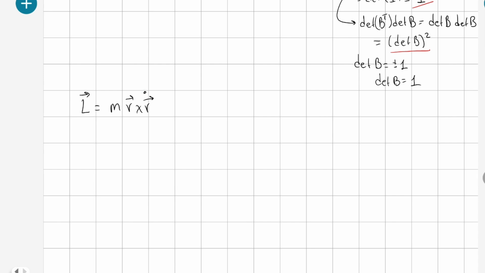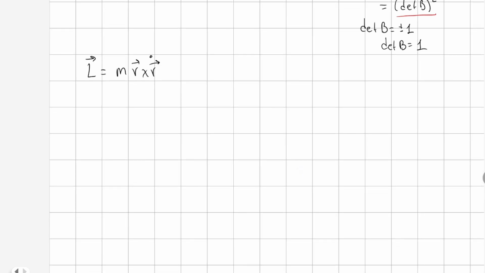You know that there is a way to represent the angular momentum in terms of the index notation using the Levi-Civita tensor.